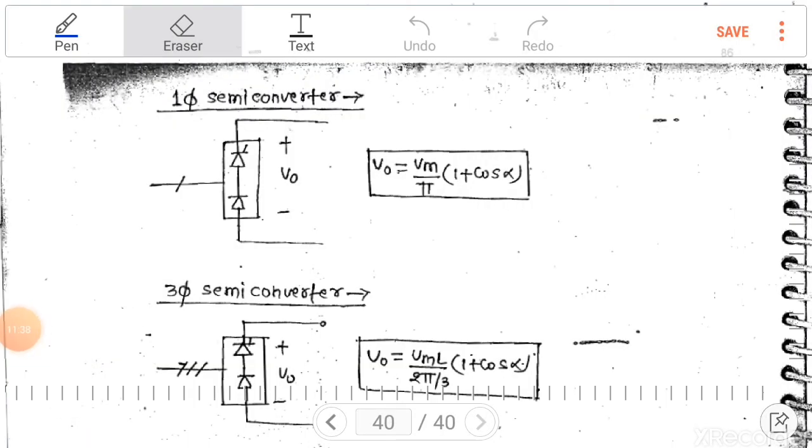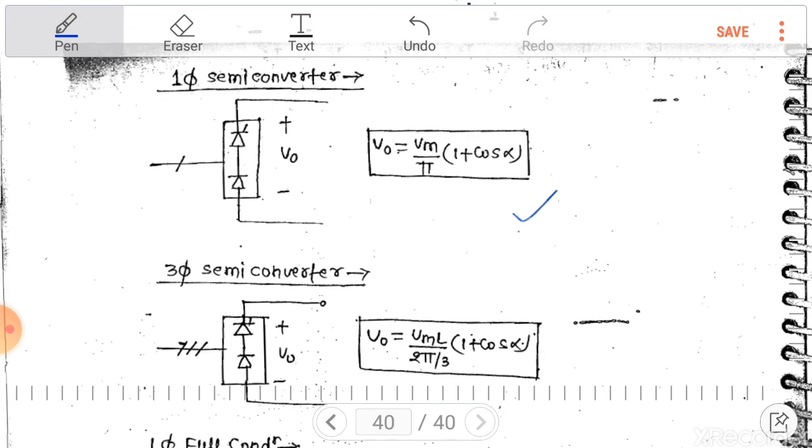This section is to remember the formula of different converters. For single phase semi converter, the average output voltage is Vm by pi times 1 plus cos alpha. This is semi converter, not half wave rectifier.